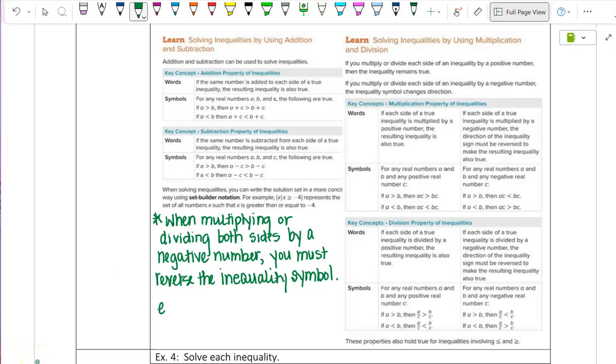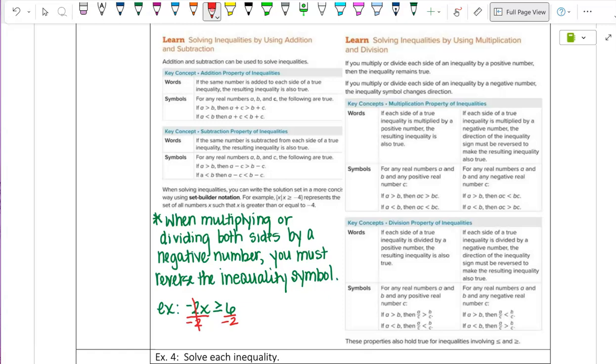So for example, if we have something like negative 2x is greater than or equal to 6. In solving this, because it's multiplication, we would undo multiplication with division, so we would divide both sides by negative 2.